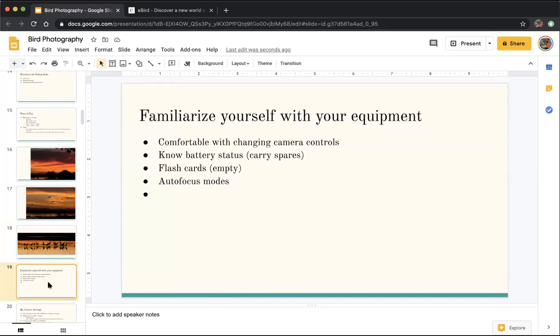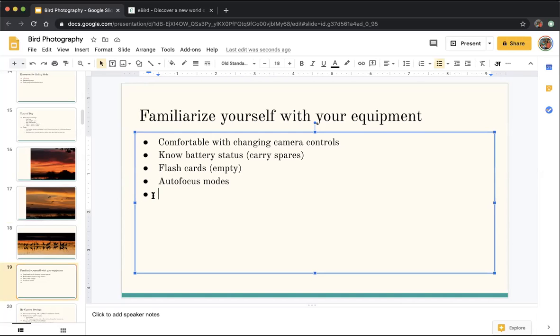So going along further, obviously the usual stuff. Get comfortable with changing your camera controls. One of my most common mistakes is that my camera is still at the settings of whatever I was doing last time.